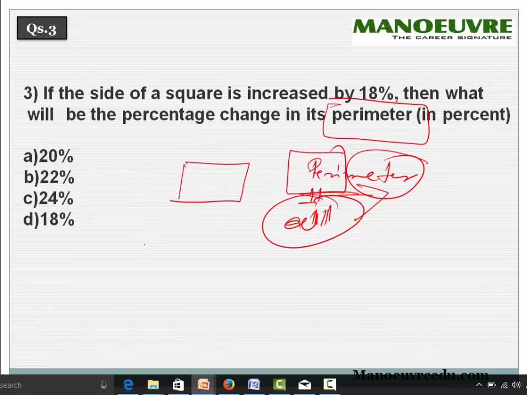If it is a square, the summation of all sides is the perimeter. We know that in a square all sides are equal, so I can assume that all the sides are 100.